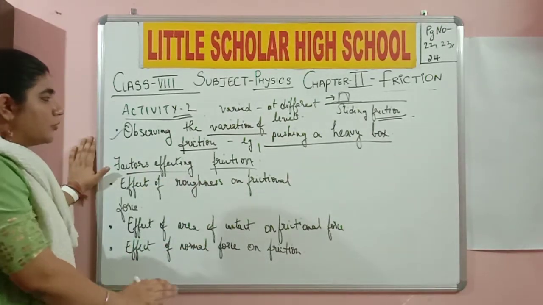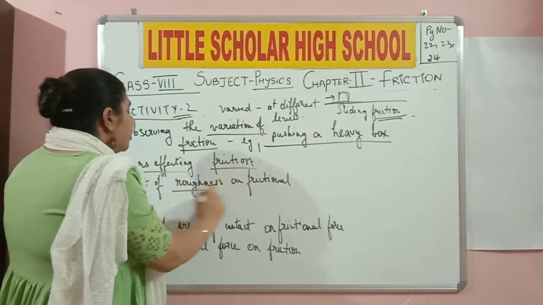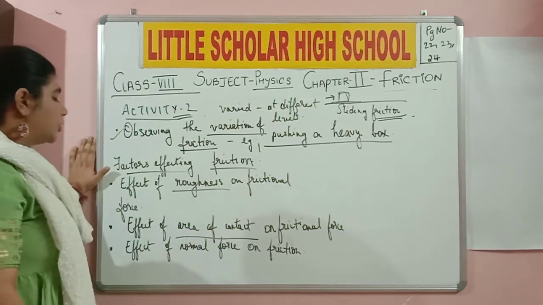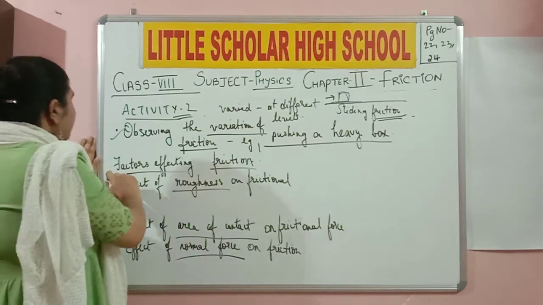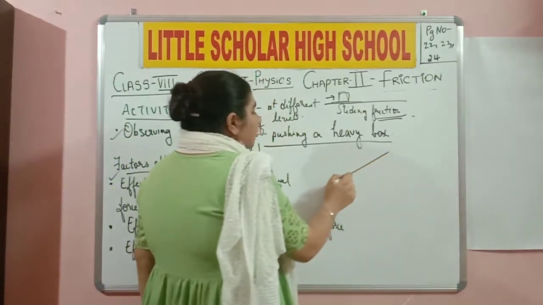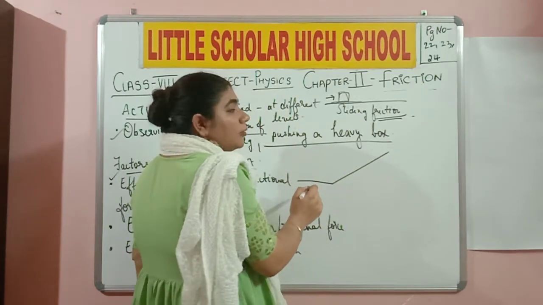I'll just read it out for you first and then we will deal with it one by one. Effect of roughness on frictional force, effect of area of contact on frictional force, and effect of the normal force on friction. Let's deal with the first one over here. Okay, if I build an inclined plane, fine, and on the inclined plane I'm going to roll a marble.